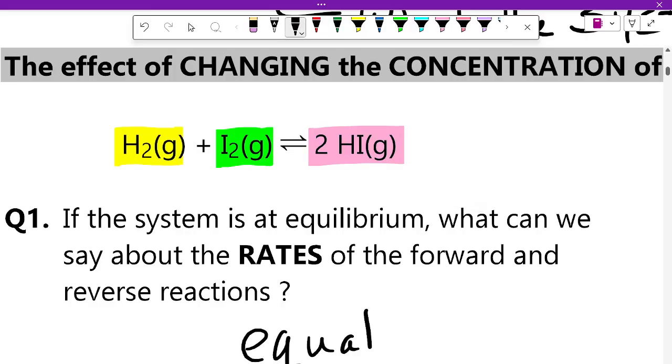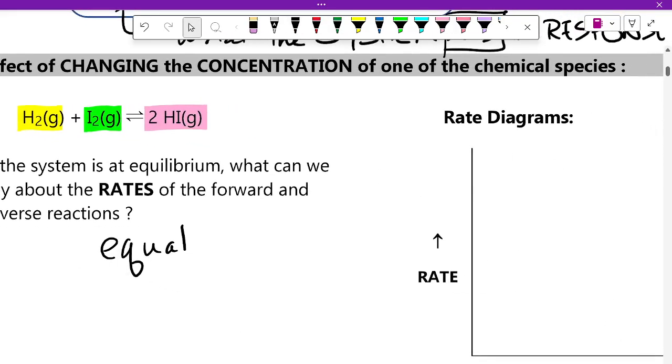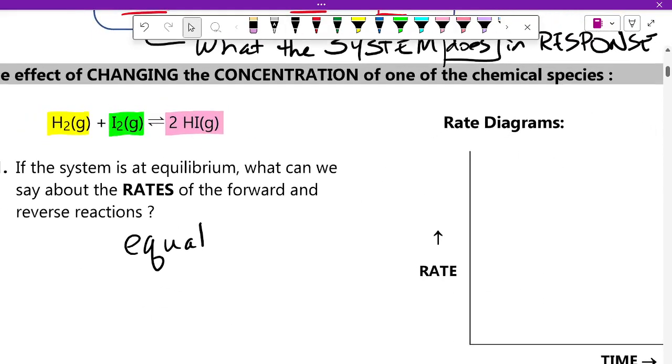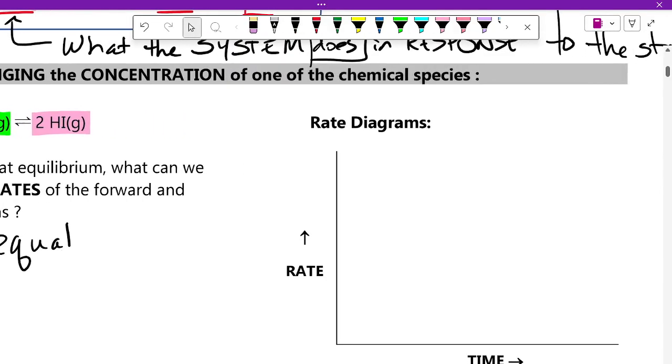So if we were to draw this, our rate goes on the y-axis, our time goes on the x-axis. We have our forward rate and we have our reverse rate. And so we would draw them.